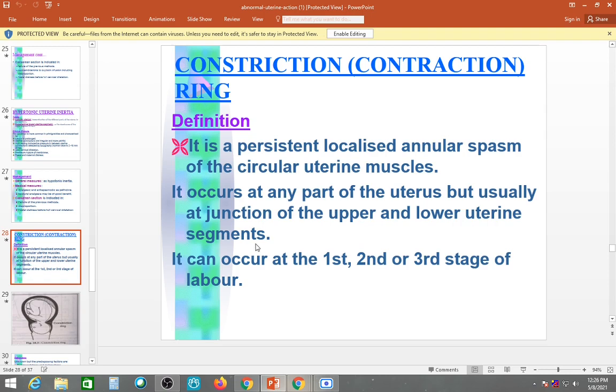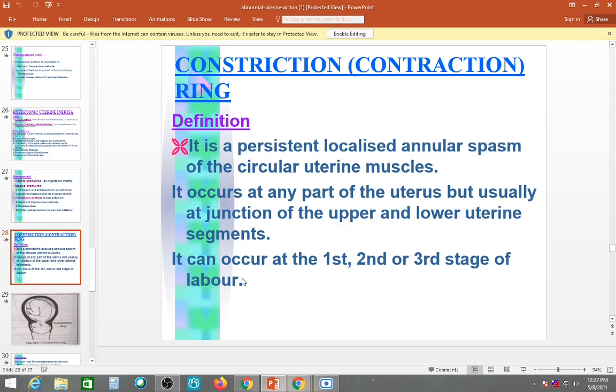I already showed you what type, but the Bandl's ring is one of the rings. It occurs in any part of the uterus, but usually near the junction of the upper segment and the lower segment of the uterus.